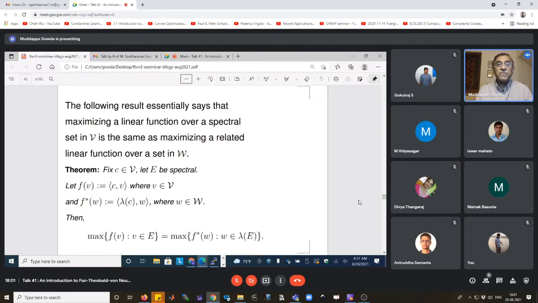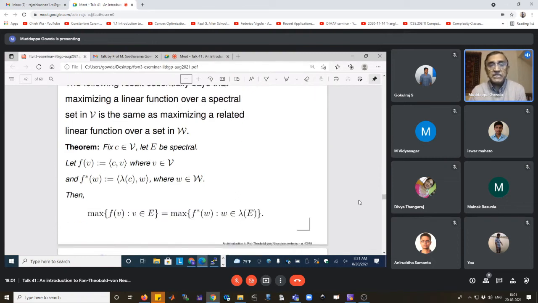So what is the result? You take an FTVN system. If I fix a C in V and take a spectral set E, the functions f and f star are defined as follows. f of v is C dot v. Notice that it is a linear function on V. And f star of w is lambda C dot w.